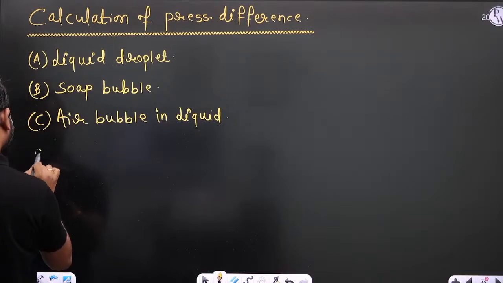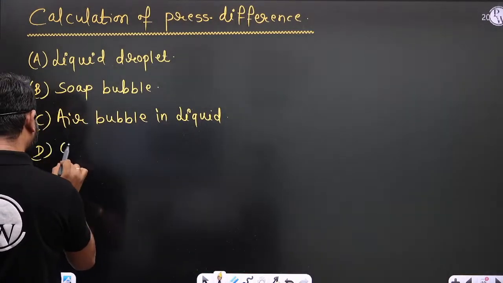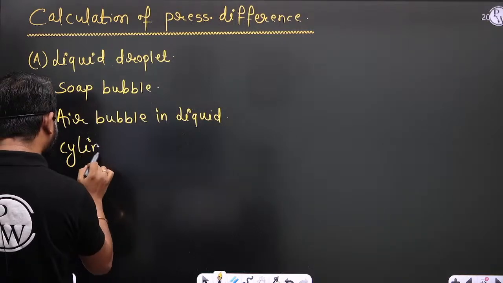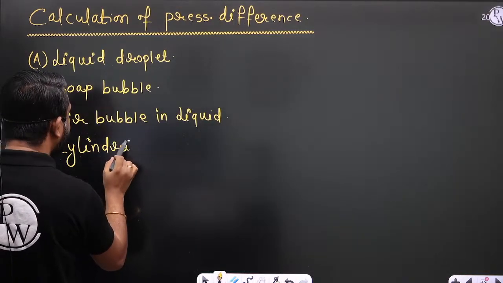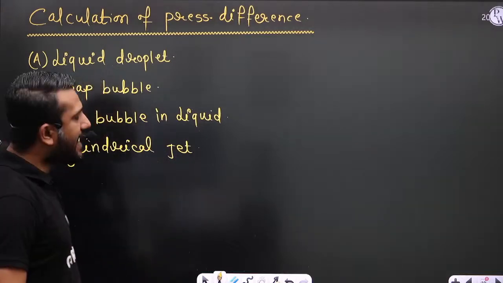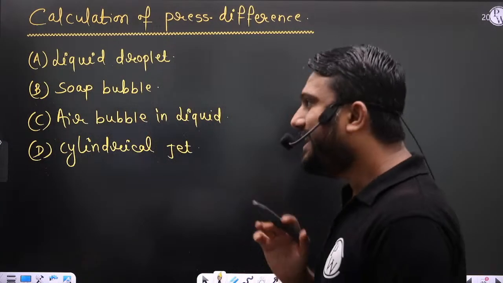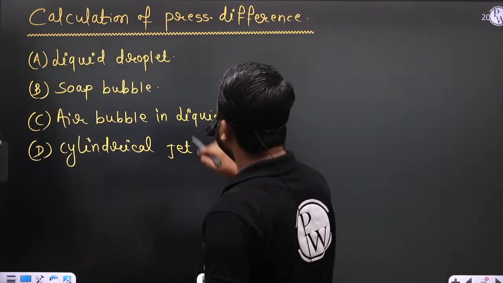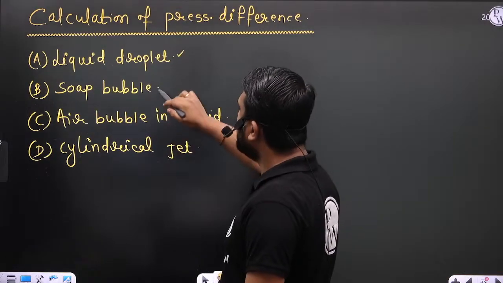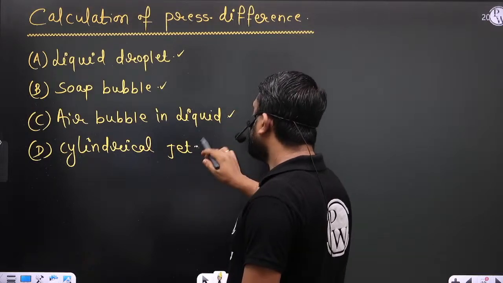And the next one is a cylindrical jet. So if you have an idea about the Young-Laplace equation, then you can easily calculate the pressure difference in case of the liquid droplet, in case of the soap bubble, in case of the air bubble in the liquid, and in case of the cylindrical jet.